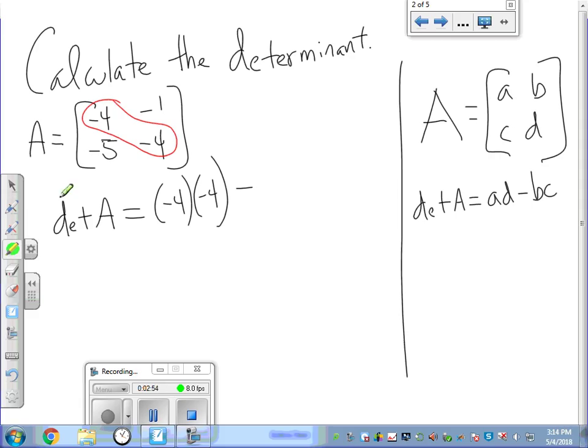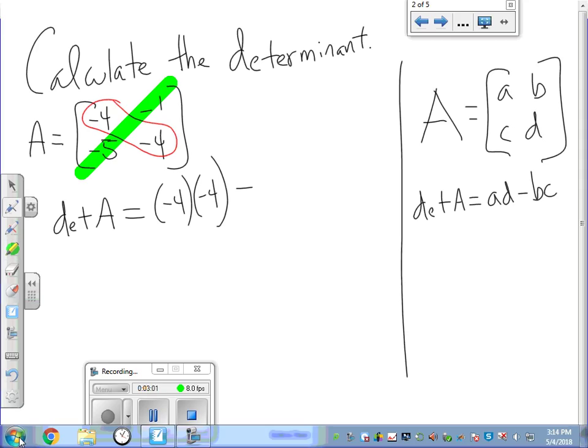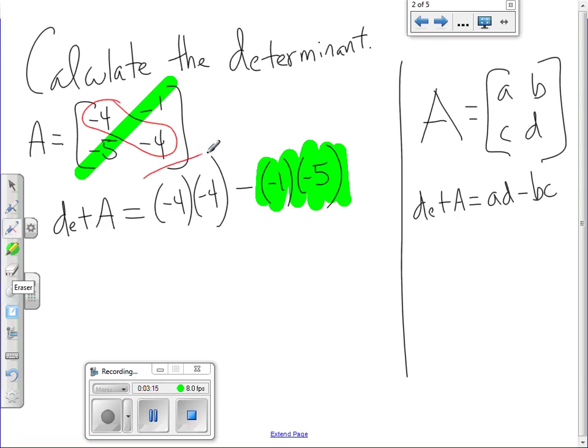Now I'm subtracting out the product of that diagonal, -1 and -5. I'm going to put this in green so it matches up with what's in the matrix, and I'll circle or box this in red so it matches what's inside the matrix.